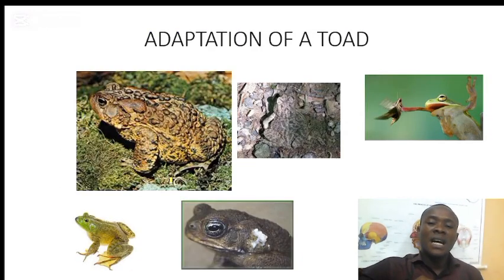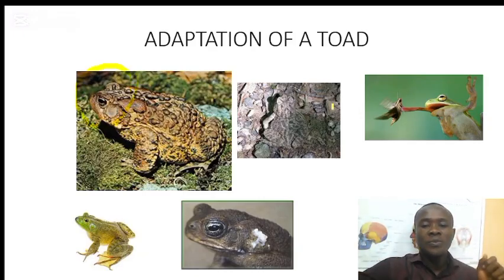Next is the adaptation of a toad. What are the characteristics that it has which enable it to live effectively in its environment? One, they have large bulging eyes located on either side of the head for wide vision.